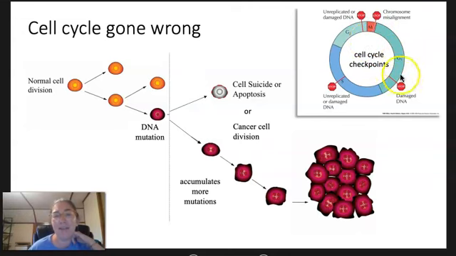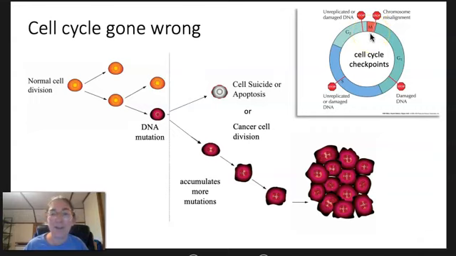And along this cell cycle, there are multiple checkpoints that the cell has, where literally these are quality control checkpoints to check, do we have the right number of chromosomes? Did we replicate the DNA properly? Are there any breaks or mutations in the DNA? Is everything in order before we get to this point in mitosis where we're going to divide the cells?